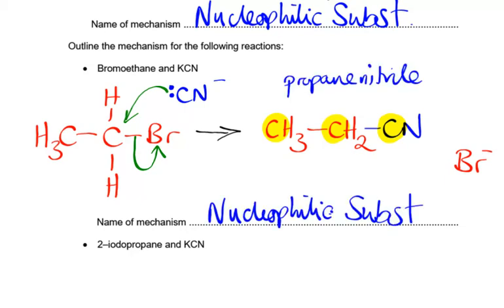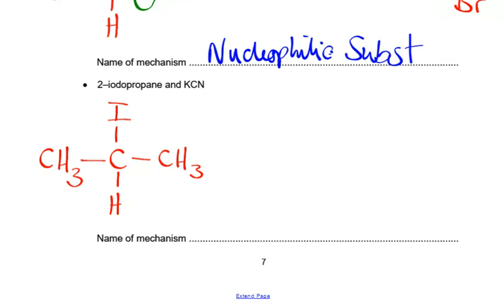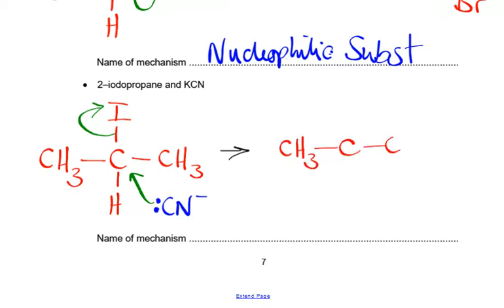Final example, 2-iodopropane with our cyanide. Just put the cyanide down there this time. Very repetitive, but in a good way.